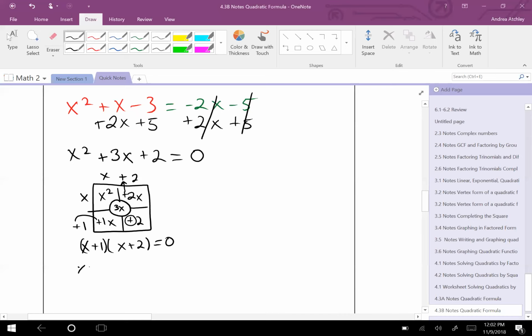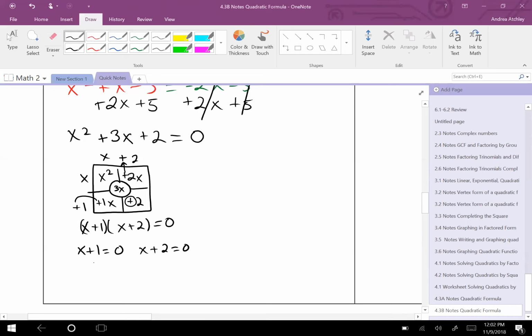Now, x plus 1 might equal 0, and x plus 2 might equal 0. Let's solve. I subtract 1, and I get x equals negative 1. Subtract 2, and I get x equals negative 2.